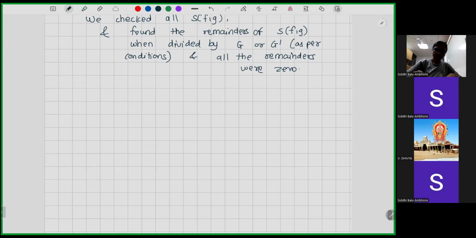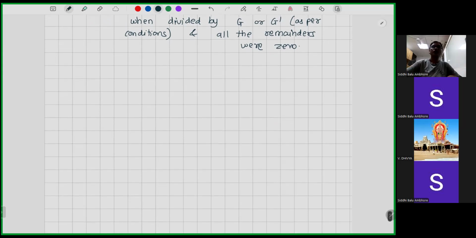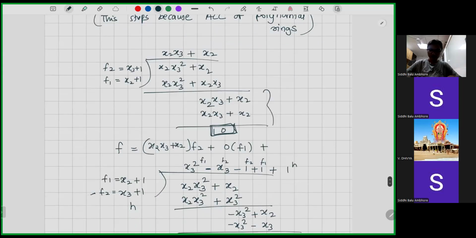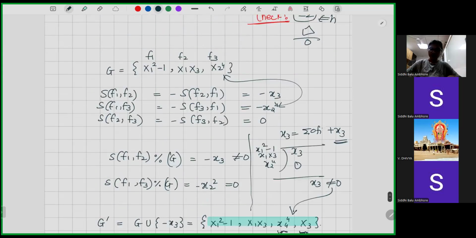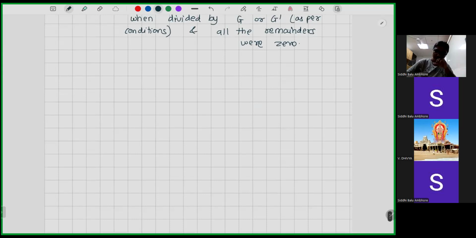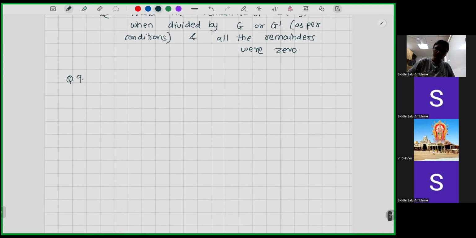Okay. Question, what this question number is, whatever maybe it is. I don't know whether I'm following correct question numbers, but let us consider it to be question 9.